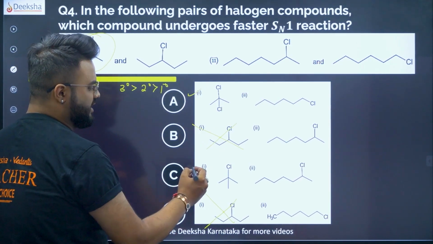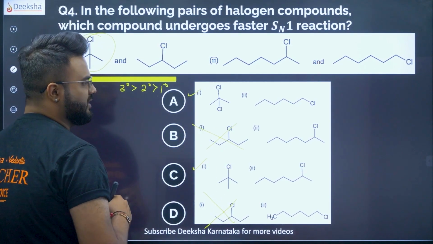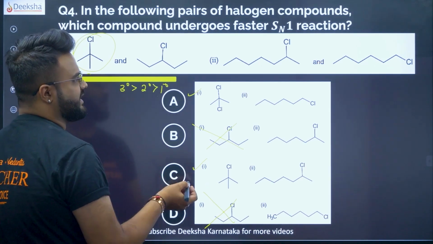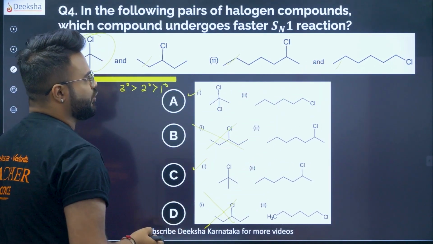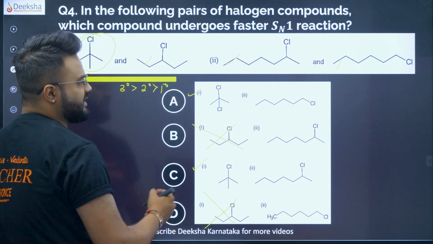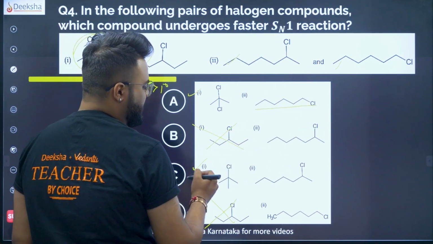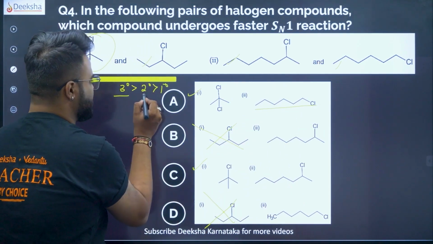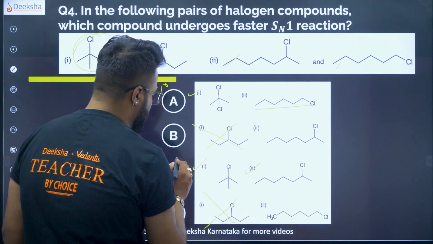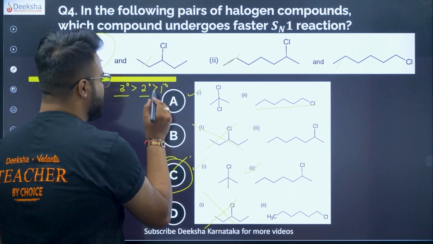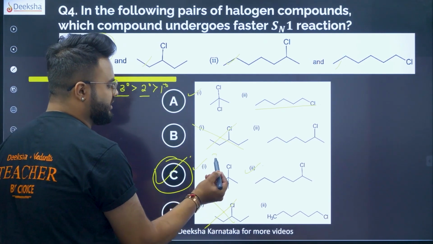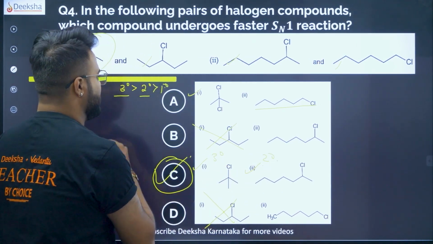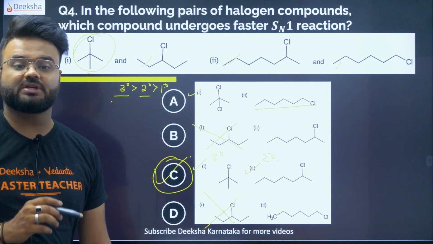Option 1 and option 2 I can keep. Now we have to think which is secondary. This is your secondary, this is your primary. Among these, here primary is there, and here secondary is there. So tertiary and secondary come. Therefore option C will be your correct answer. Here tertiary and primary are there, but more exclusively we will take tertiary as well as secondary. Therefore your correct option is option C.